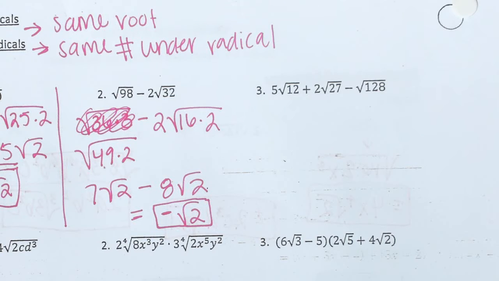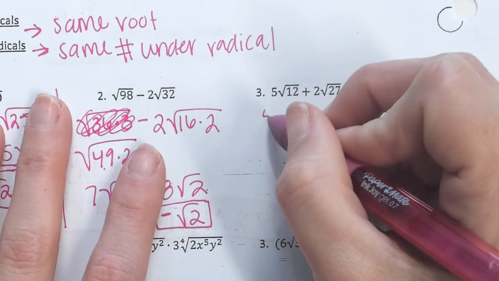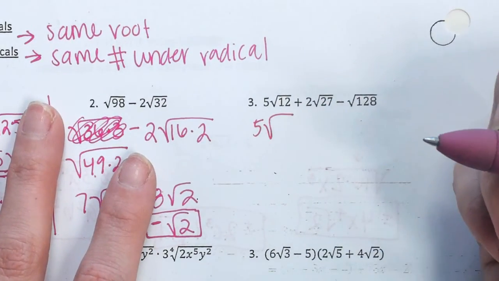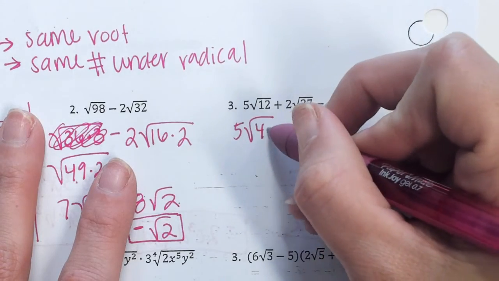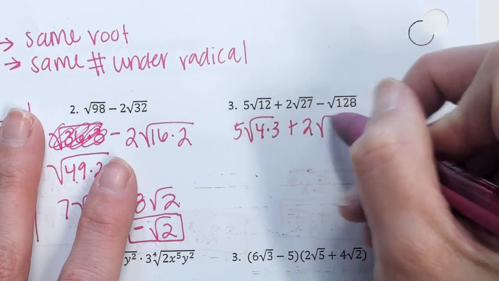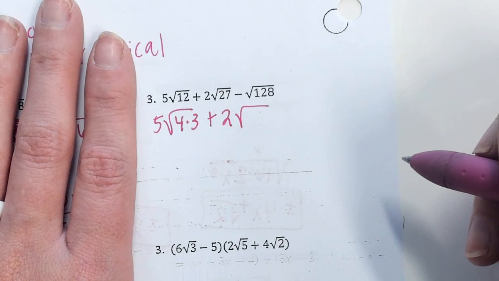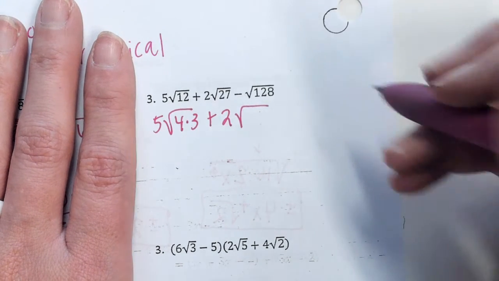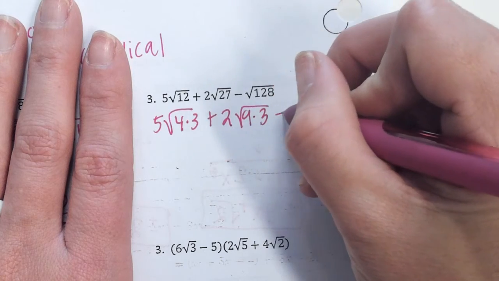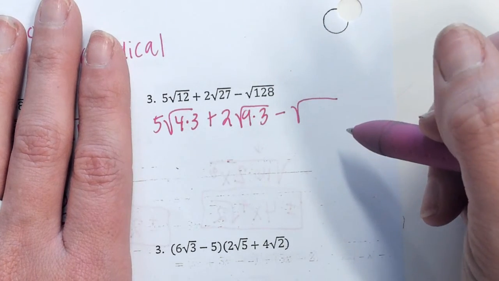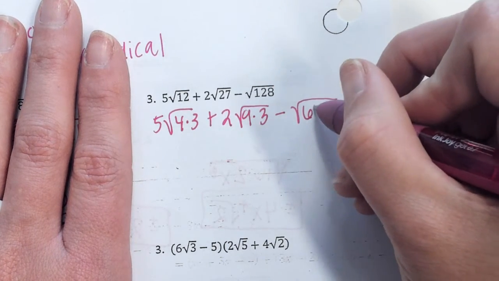Alright, let's go over it. 12. Daniel, what'd you break that up into? Good. Alright, Victoria, what'd you break 27 up into? Okay. Good. Summer, what'd you break up 128 up into? 64 and what?